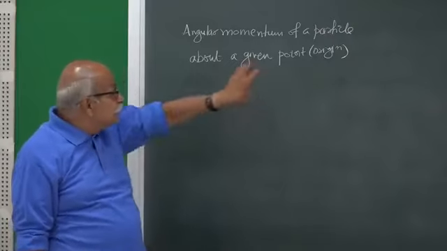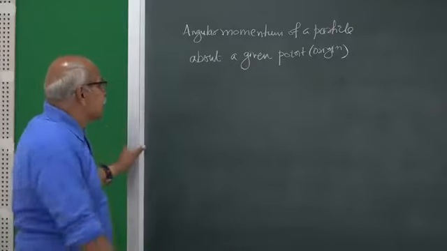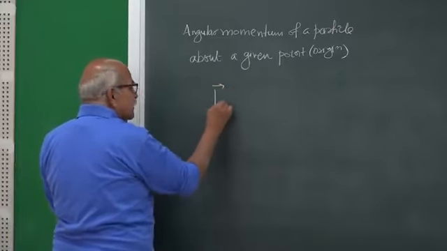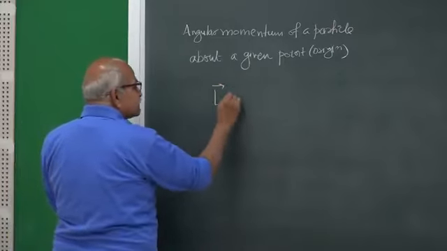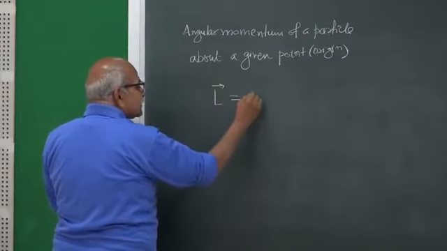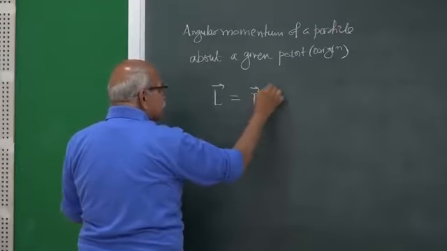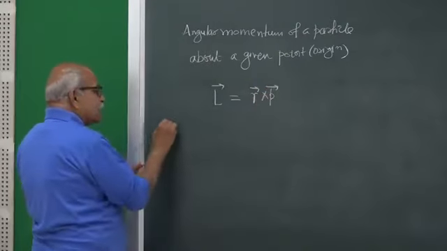So, the definition includes this point, and that is given by, we write it L with a vector sign. This is a vector quantity and this is r vector cross p vector. What is r vector?